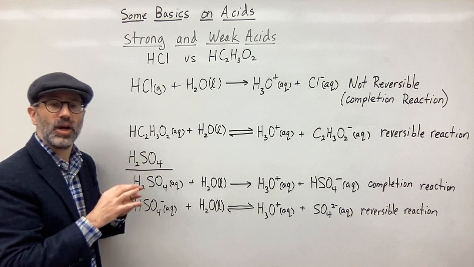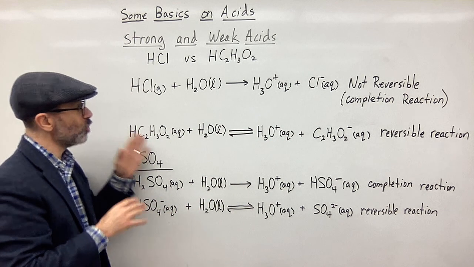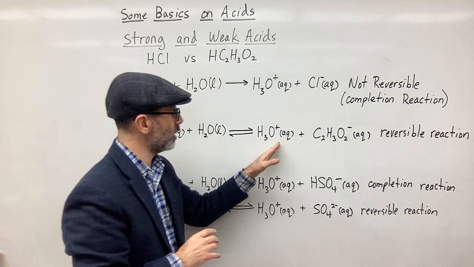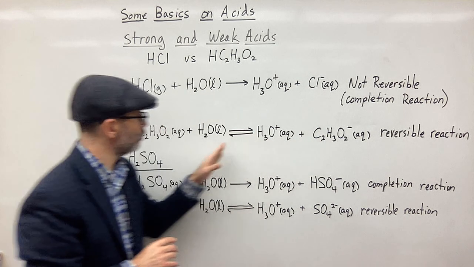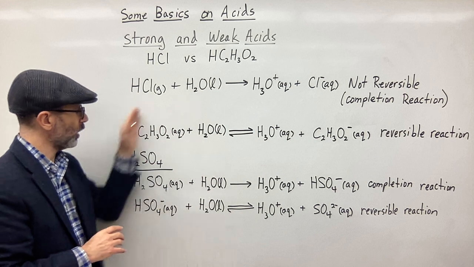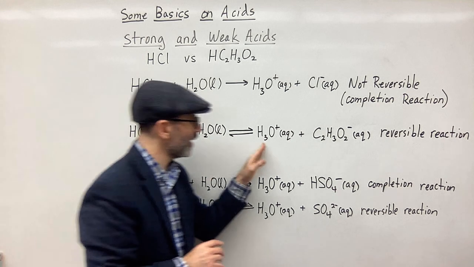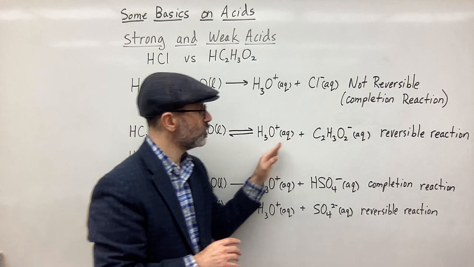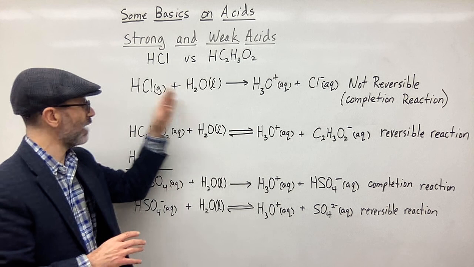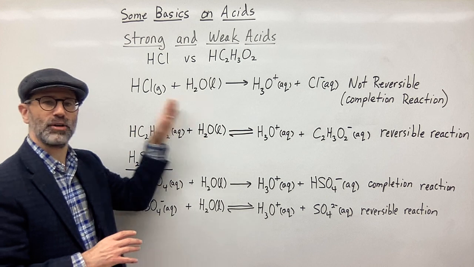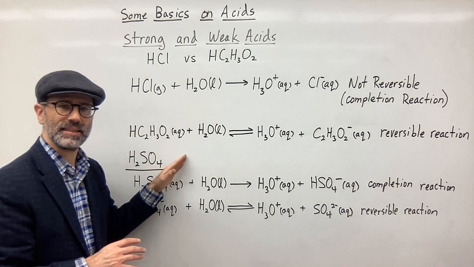But a tiny fraction will. So you will get some of these products, but most of it will be in this form, and a little bit will be in this form. What we like to say is that it favors the reactant side. Most of it is going to be on this side.